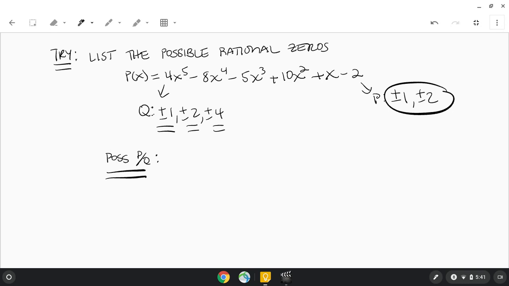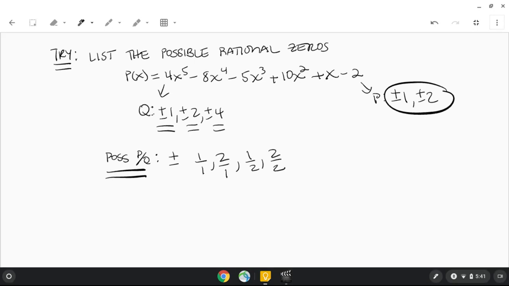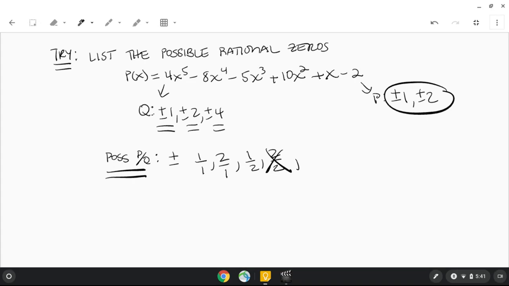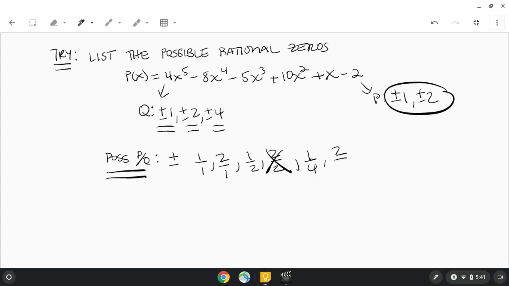All right, so again, we're going to take all the positive and negatives, and we're going to do 1 over 1, 2 over 1, and then 1 over 2, and 2 over 2. Okay, but 2 over 2 is the same as 1, so let's cross that out. And then 1 over 4, and 2 over 4. But 2 over 4 is the same as 1/2, so we don't need that one either.